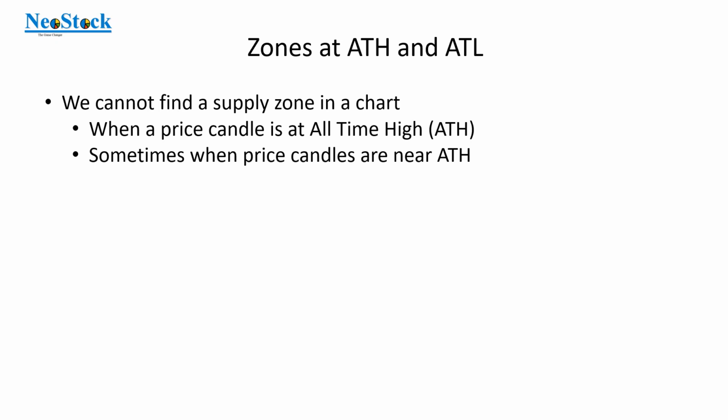What will happen? By the time a new supply zone is not created. To create a new supply zone, at least one lagging candle should be there. After that, at least one base candle should be there. And after that, there should be a leg out candle, that is a drop candle.